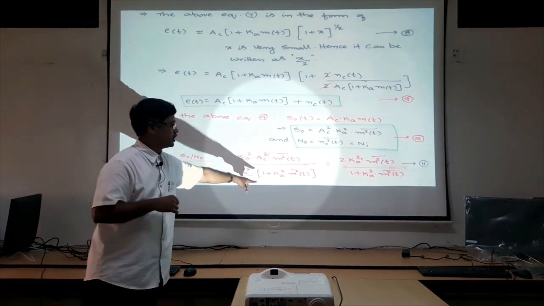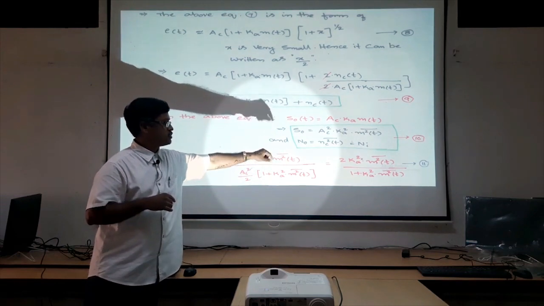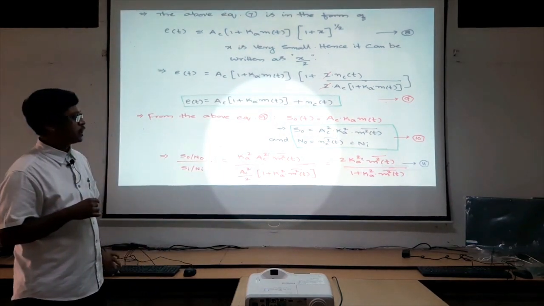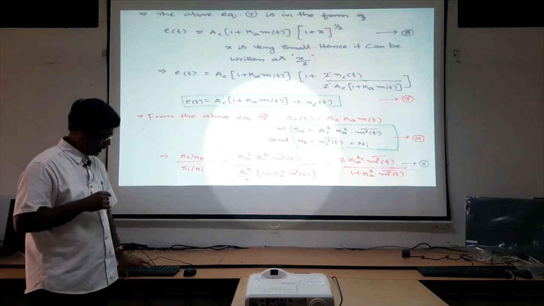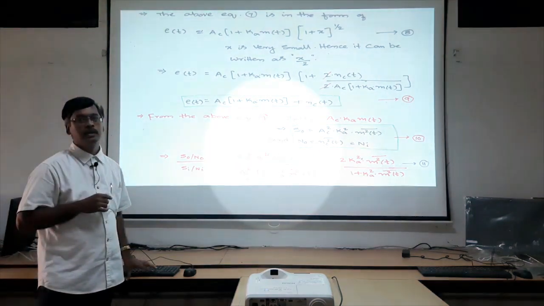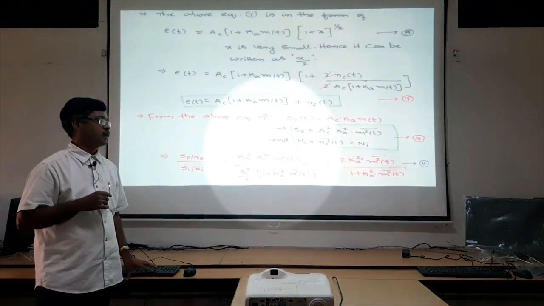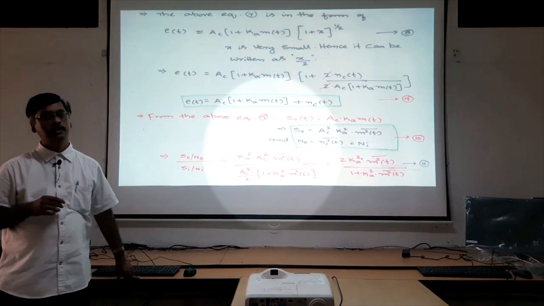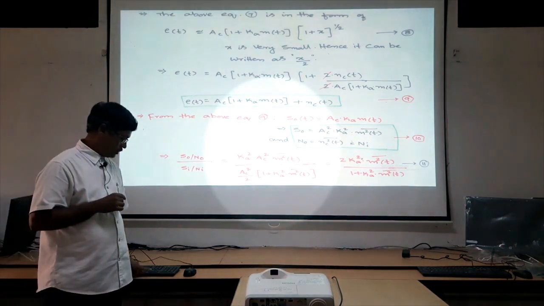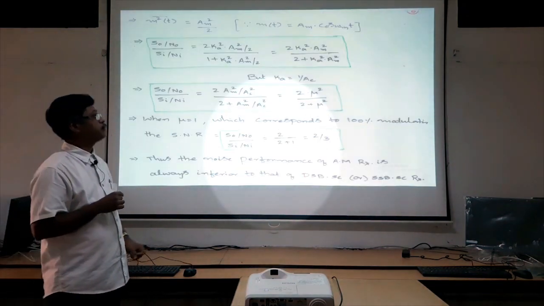After simplification, it gives 2 Ka squared m squared(t) bar divided by 1 plus Ka squared m squared(t) bar. Here m squared(t) bar defines the mean square signal power. m(t) is nothing but a message signal. So m squared(t) bar is nothing but the mean square message signal power.